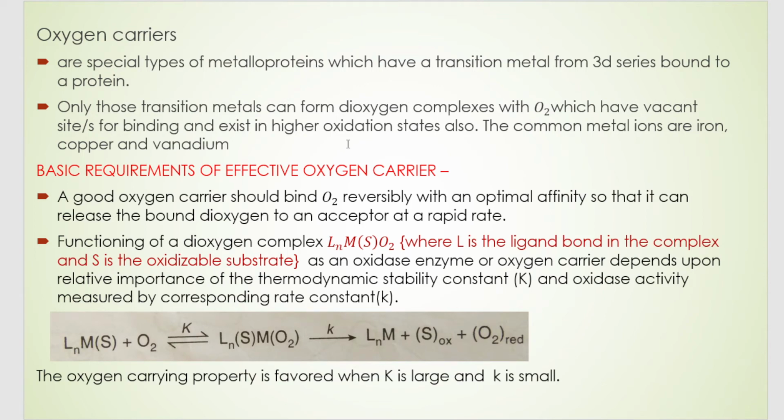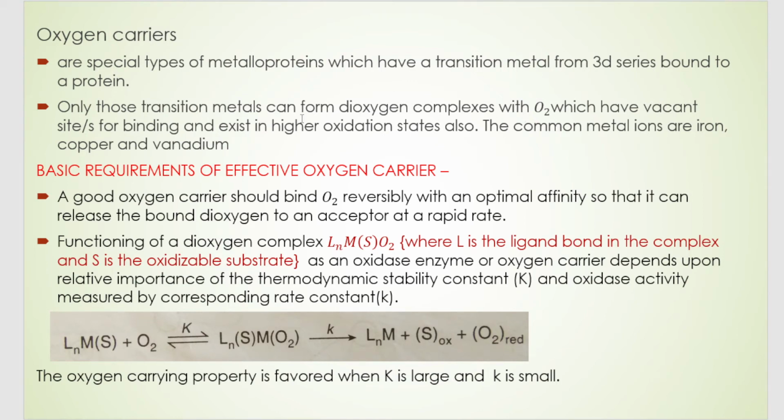So in order to form a bond, it should form a dioxygen complex, and only these transition metals can do that because they have a vacant site for binding and they exist in a higher oxidation state. So they themselves won't get oxidized because they are already in the higher oxidation state, and they have a vacant site wherein they can bind oxygen and then carry it.